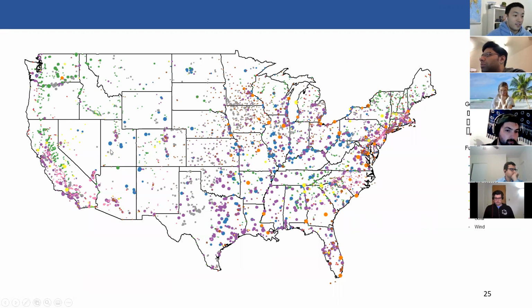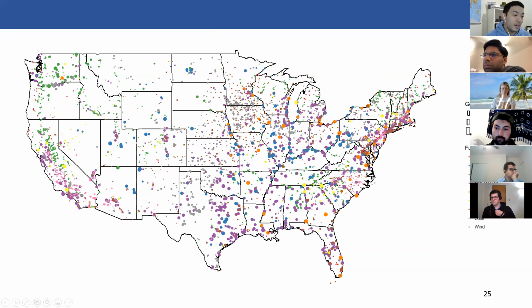The color denotes the fuel type, and the size of the dot denotes the capacity of the generator, or essentially the size of the power plant. And yeah, it's pretty interesting. You'll notice there are some big correlations with fuel types and geographies.